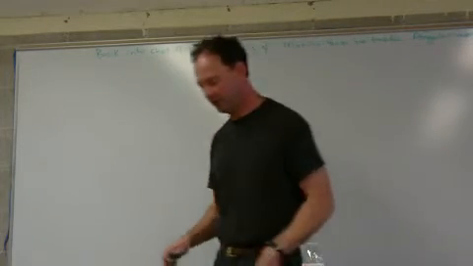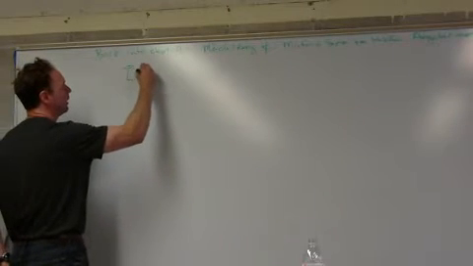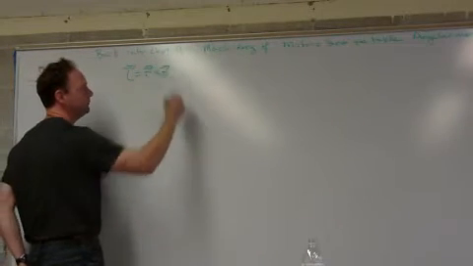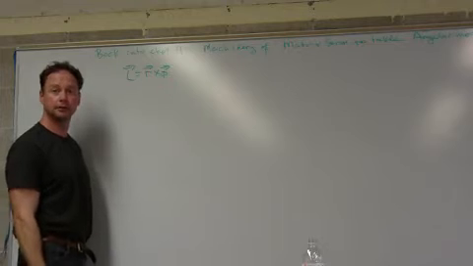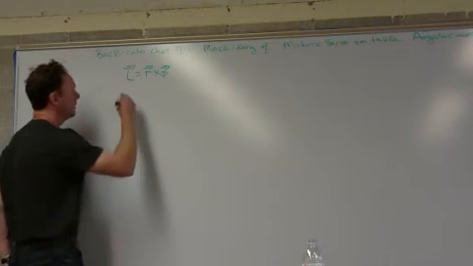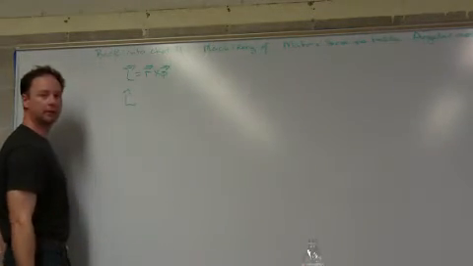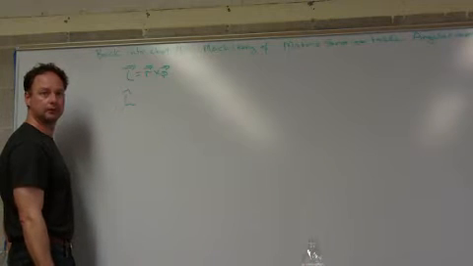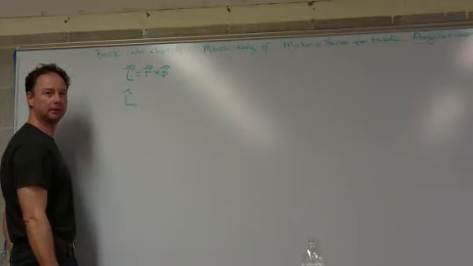So the first step in this is to figure out angular momentum, and L equals R cross P. Everybody remember that? Okay, so let's build an angular momentum operator. How can I build an angular momentum operator?